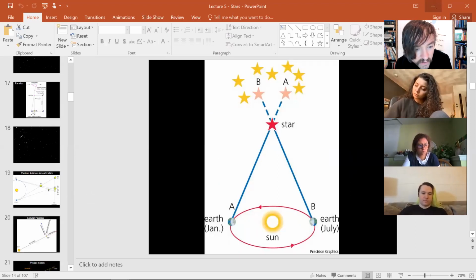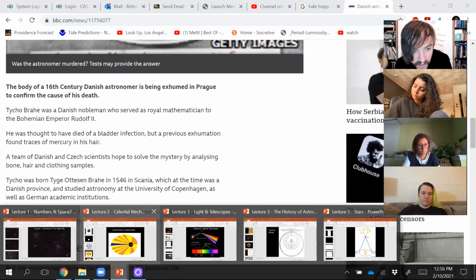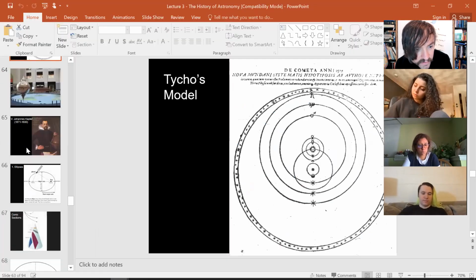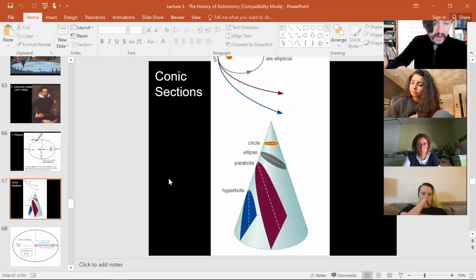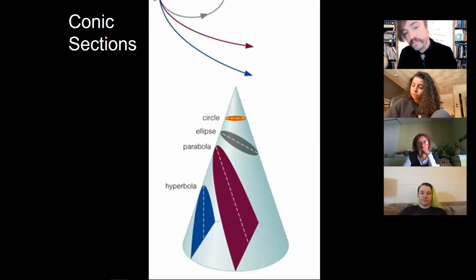Sorry, wrong slideshow. Let me show you a model of conic sections real quick. Okay, so the question is, how many ways can you slice a cone? The answer is 4. If you slice a cone horizontally, you get a shape called a circle.